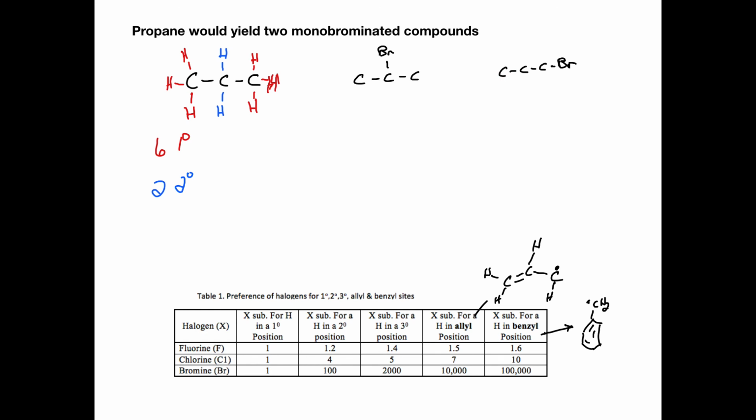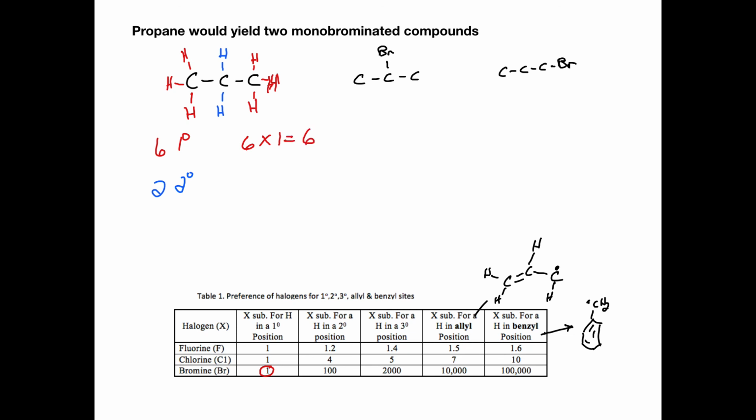All right, so let's go ahead and calculate the selectivity of bromine and propane using this information, the same table. Okay, so one of the ways that we can calculate this, and let's do it first for our primary groups, is that we know we have 6 primary hydrogens. We're going to multiply that by, for bromine, this one value, that's our selectivity that someone else has already figured out. That gives us a 6.